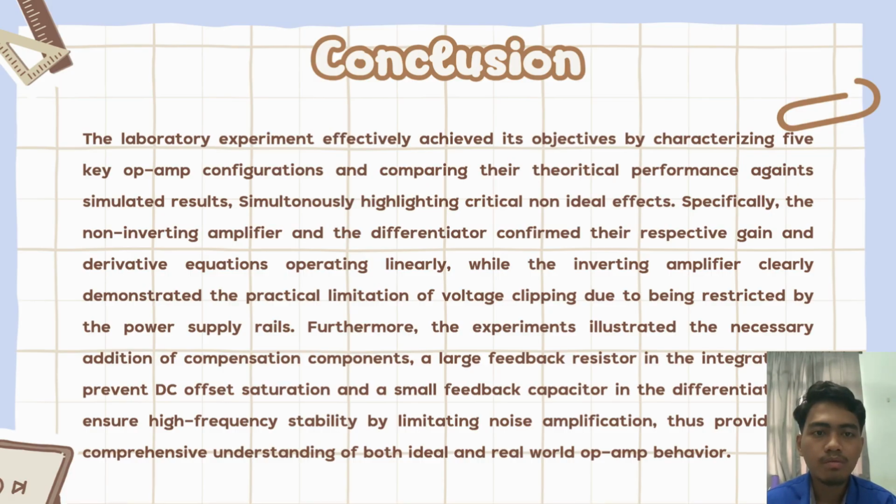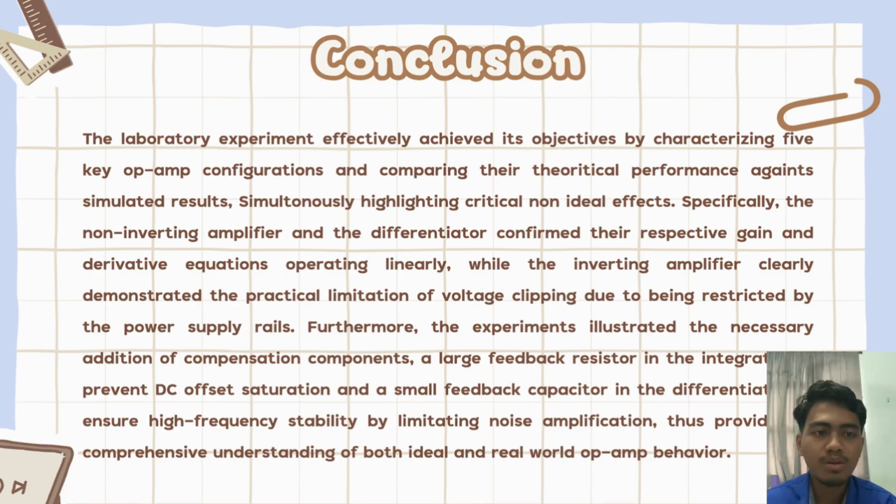Specifically, the non-inverting amplifier and the differentiator confirmed their respective gain and derivative equations operating linearly, while the inverting amplifier clearly demonstrated the practical limitation of voltage clipping due to being restricted by the power supply rails.